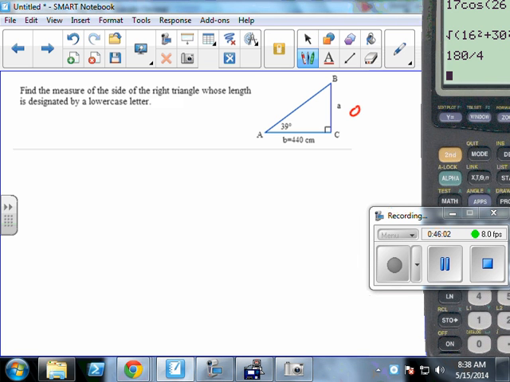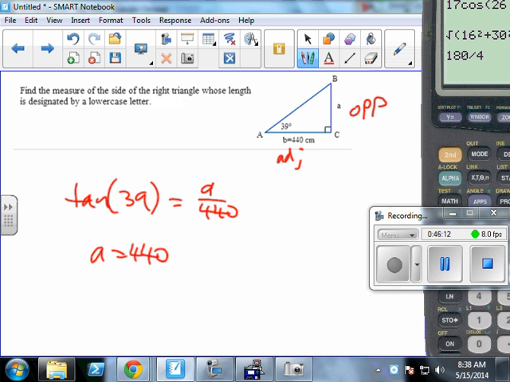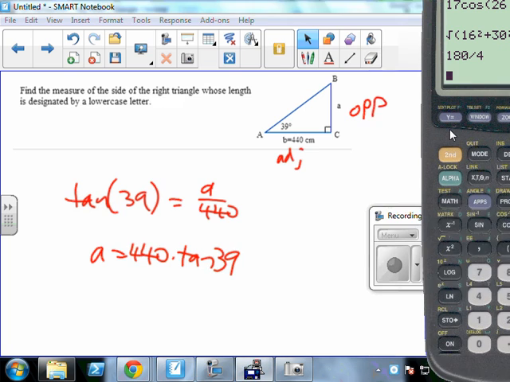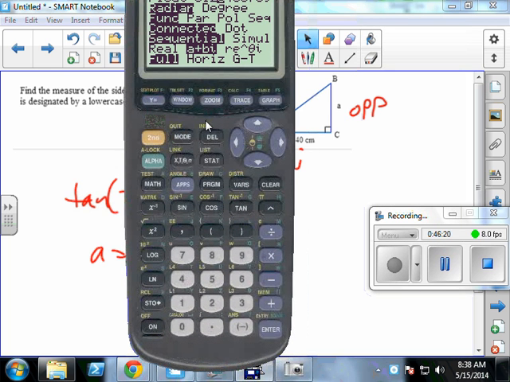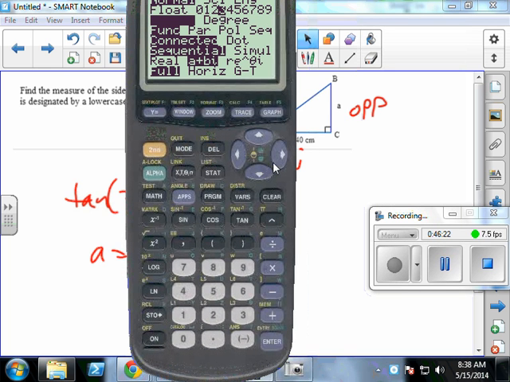A is the opposite. I know the adjacent, so I'm going to say the tangent of 39 is A over 440. So A is 440 times the tangent of 39. Make sure I'm in degrees.